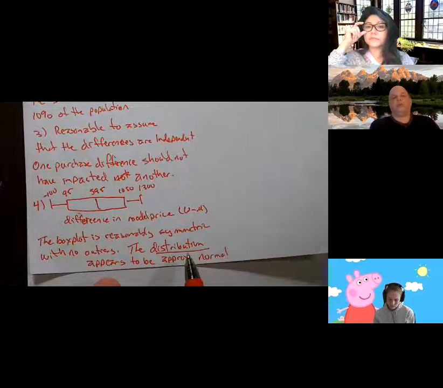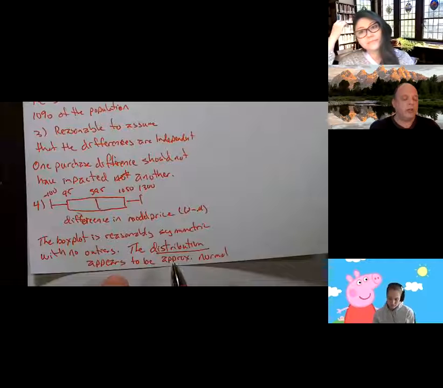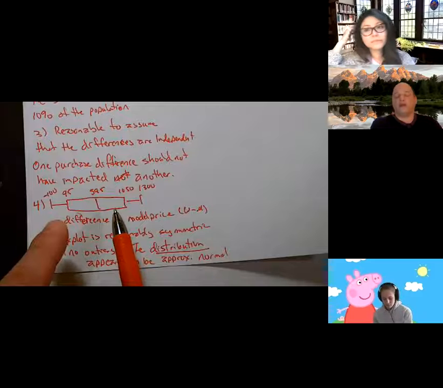Notice I said the distribution appears to be approximately normal, not the distribution of the means. Why? I don't know what the distribution of the means may or may not be normal because our sample size isn't large enough. We can only talk about distribution of means if our sample size is 30 or larger. So here we're saying the distribution because this is our sample.